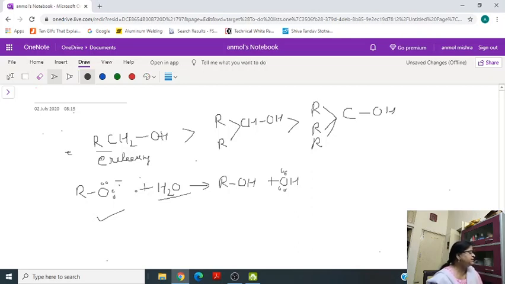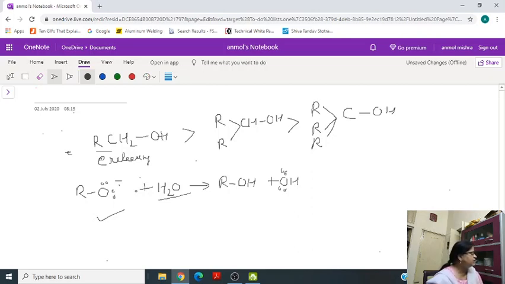Now acidity of phenol. Phenol is acidic in nature, and the OH group is directly attached to the sp2 hybridized carbon of the benzene ring, which is an electron withdrawing group, due to which the oxygen acquires positive charge and liberation of proton again is possible.